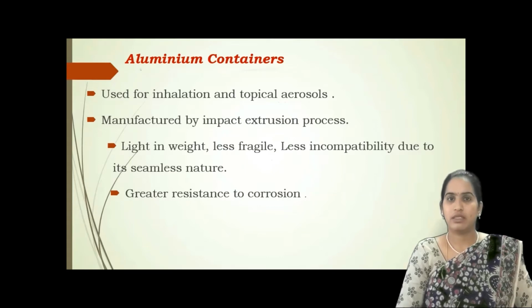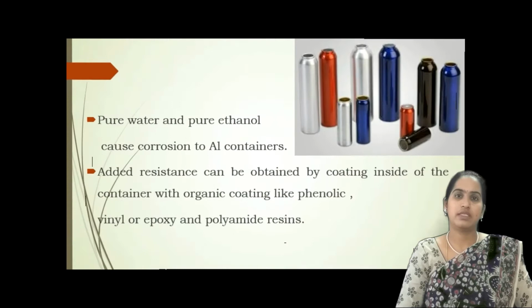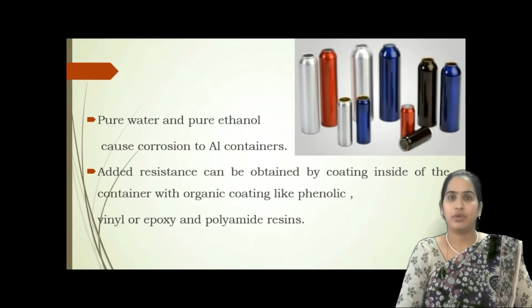These aluminium containers are prepared by the impact extrusion process, but the disadvantage is that with pure water and pure ethanol there may be a chance of corrosion of the metal. That is, aluminium may react with water or pure ethanol, resulting in corrosion.